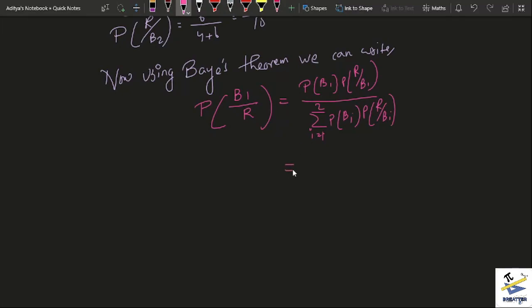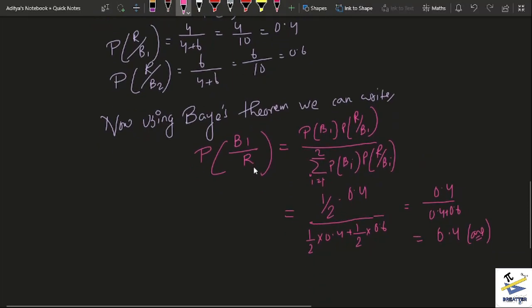This gives us the following: probability of B1 here is 1 by 2 and probability of R by B1 is basically 0.4, divided by 1 by 2 into 0.4 plus 1 by 2 into 0.6, and the 1 by 2 is cancelled and it gives you 0.4 by 0.4 plus 0.6, which basically gives you 0.4, which is our required answer.